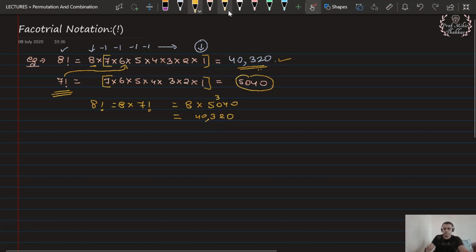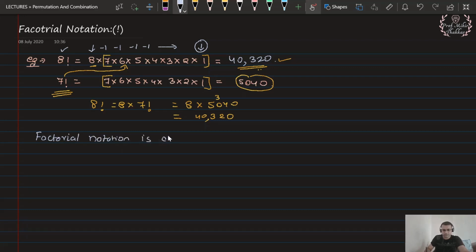We have to remember a very important point: factorial notation is defined for whole numbers. Suppose n belongs to W, where W is the set of whole numbers.